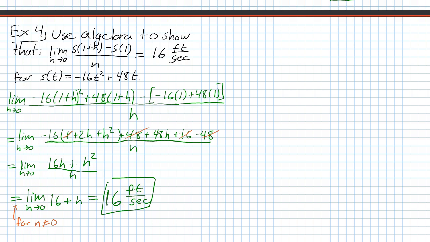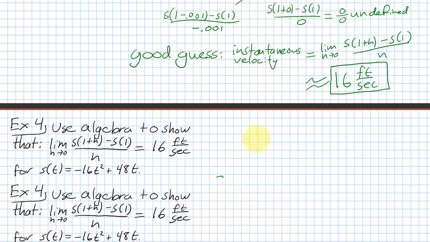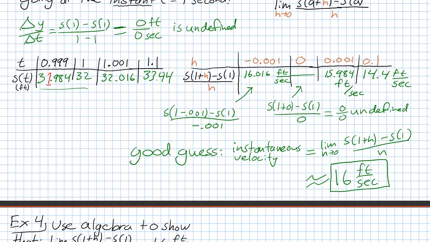And so that means that it is exactly 16 feet per second. It's not something close to 16, because when you do it numerically like this, there's all this rounding off involved. You don't know exactly how things are working. It might actually be like 16.00037 or something like that, and you don't know if it's exactly 16, but it gives you a really close estimate if you just use numbers close to h equals 0.